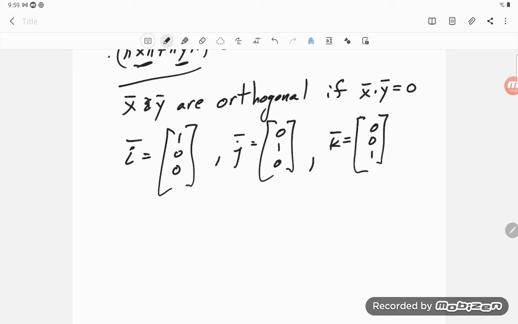Now, you could call these E1, E2, and E3. That happens as well.